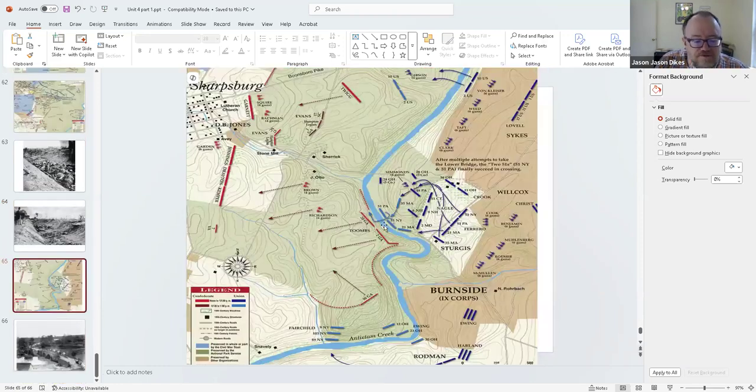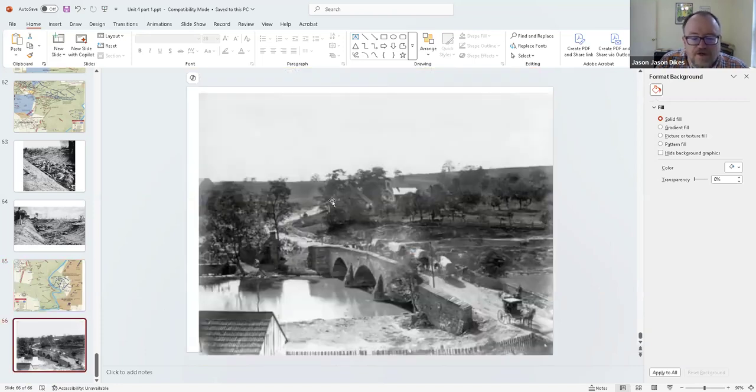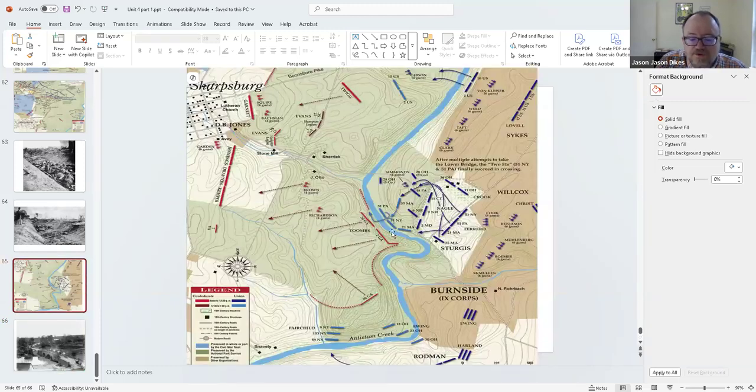The battle now shifts to a stone bridge right here. There's a picture of it. Up along this ridge are a bunch of sharpshooters from Georgia as the Union tries to cross the bridge right here. So that takes about 3 hours. These 20th and 2nd of Georgia are up on that ridge.